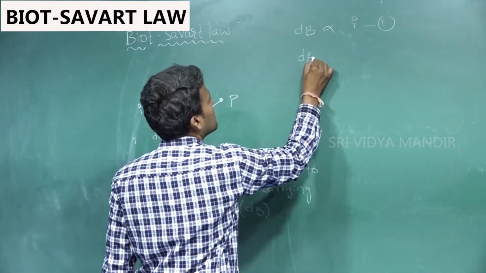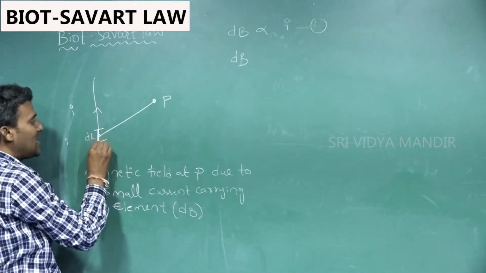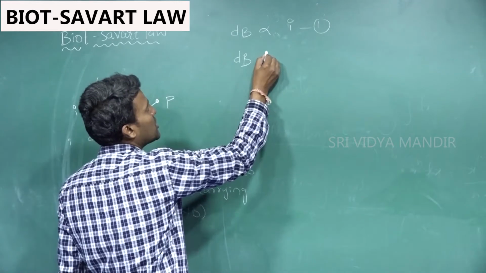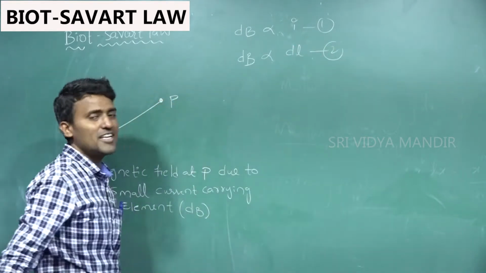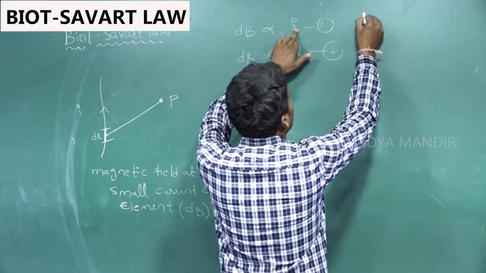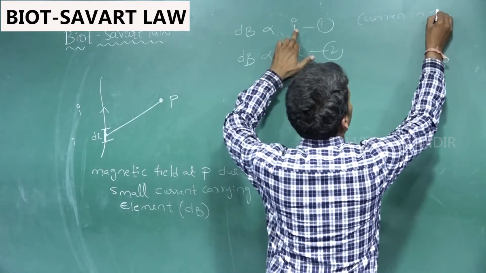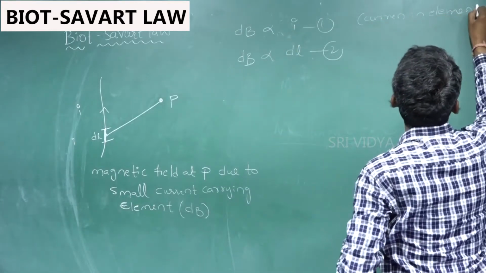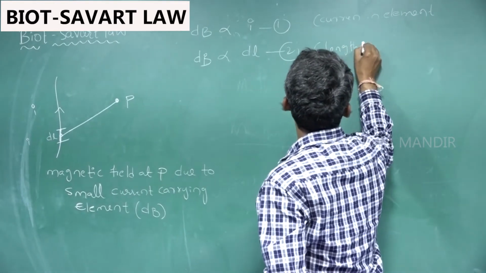Second, the magnetic field at point P due to the element is directly proportional to the length of the element. dl is the length of the element. This is equation 2.